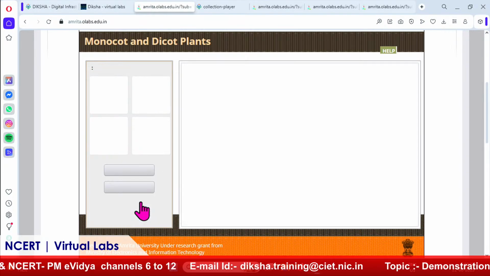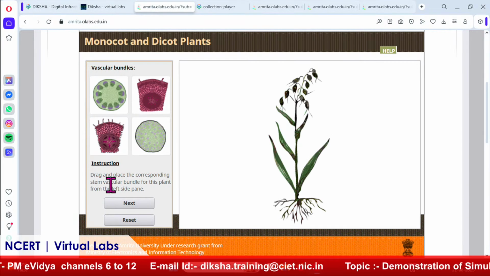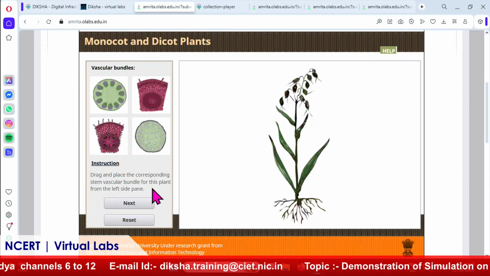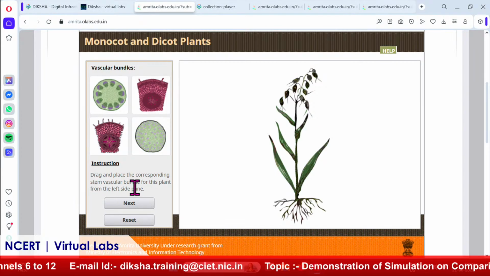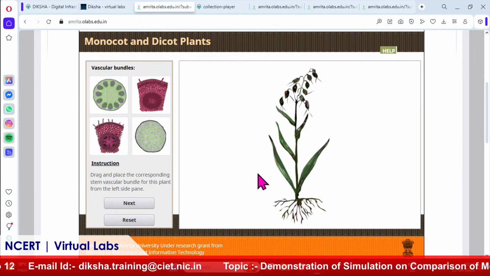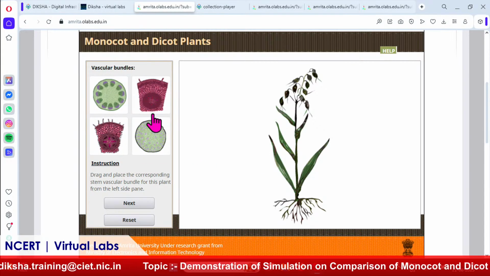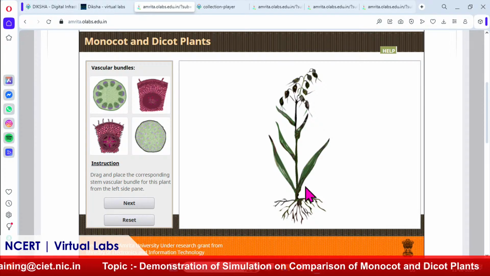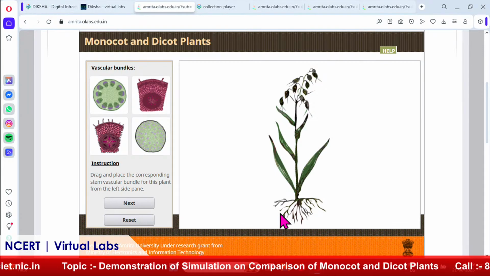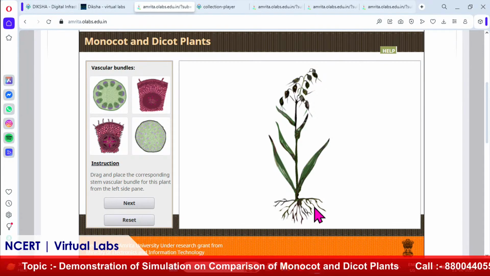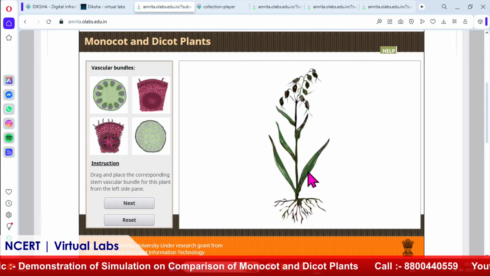I'll show you how. Here they are saying that we have to drag and place the corresponding stem vascular bundle through which water and nutrients are transported throughout the plant. So for selecting from these options, first of all we have to observe. So what do we have here? We have adventitious root system and parallel venation.